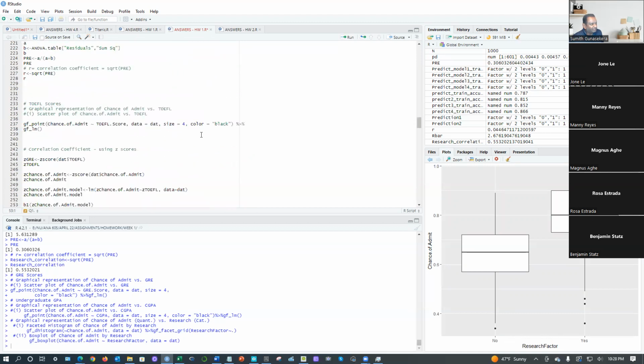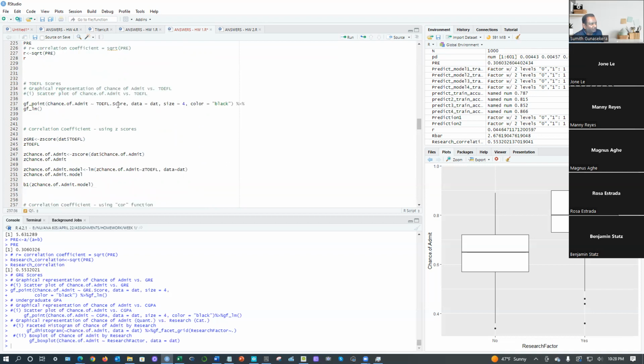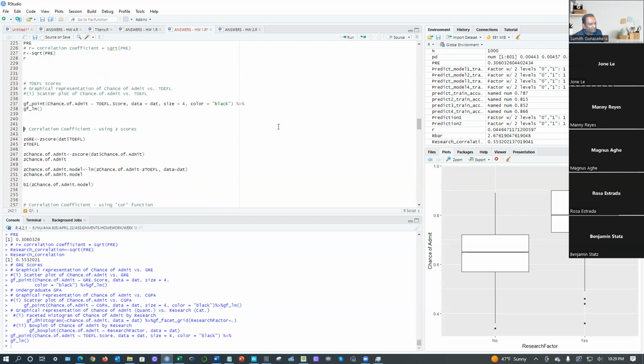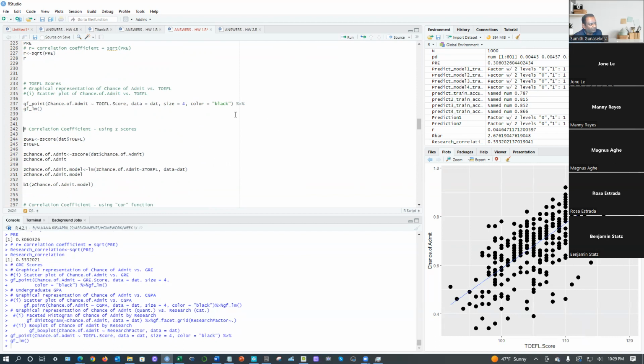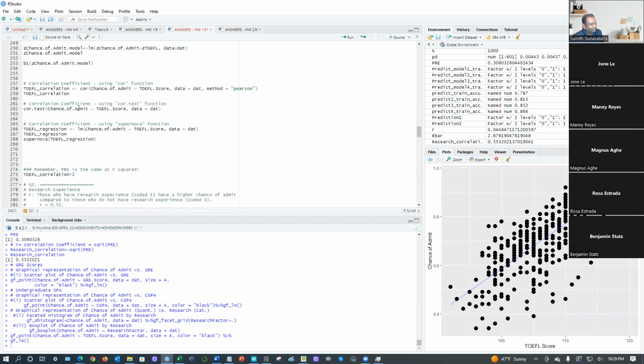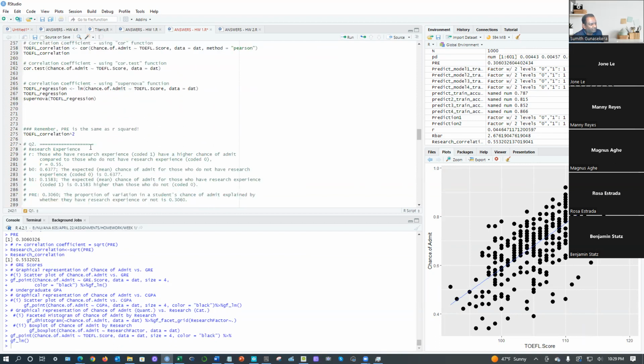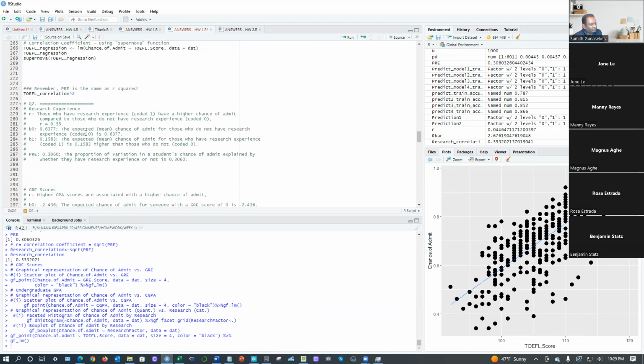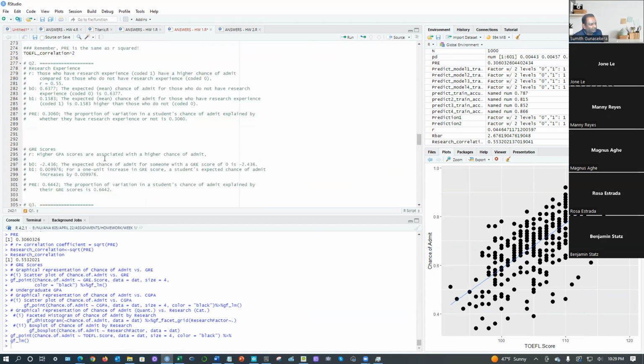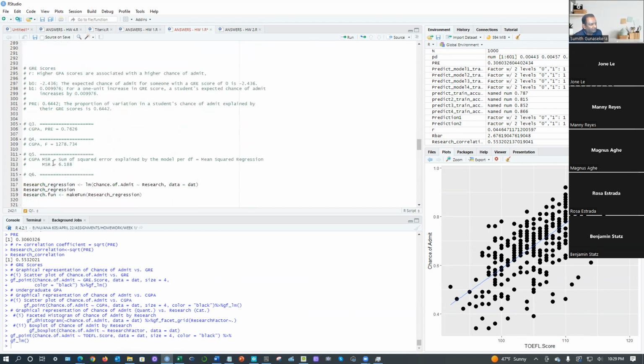And then if you want, you can go to TOEFL score. Again you can get the scatter plot, do the same thing, find the correlation coefficient, and interpret them. Okay. So then Q3, Q4.